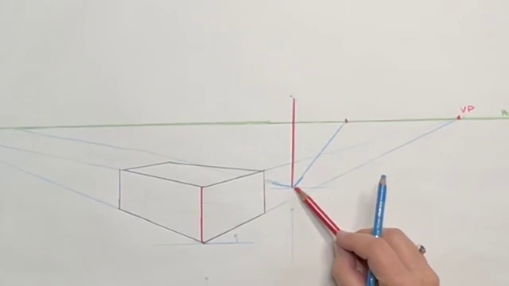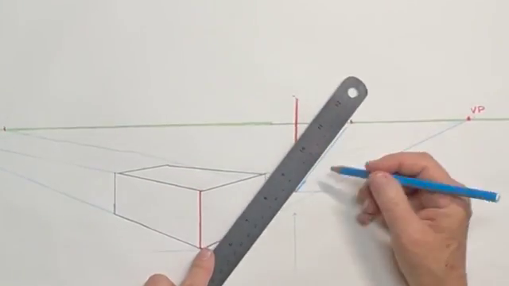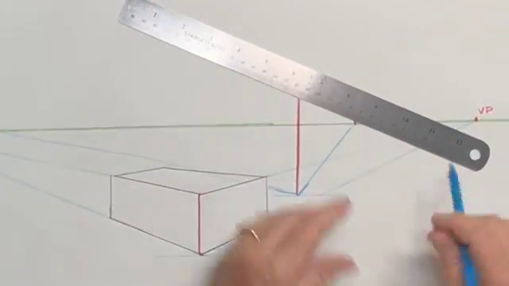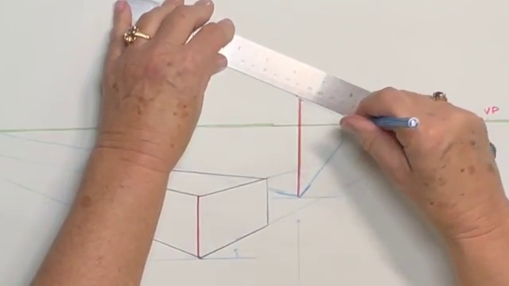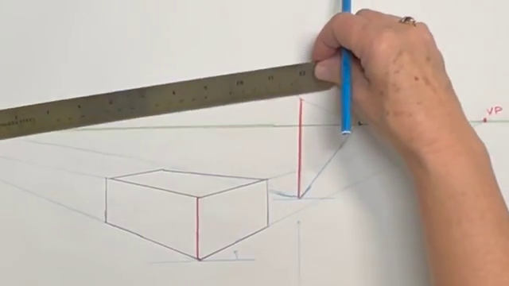And any line that is parallel to this one needs to go to this vanishing point. So we have this one. This line in reality is parallel to the baseline. It's just at a very dramatic angle. And then this line and this line are parallel to each other.